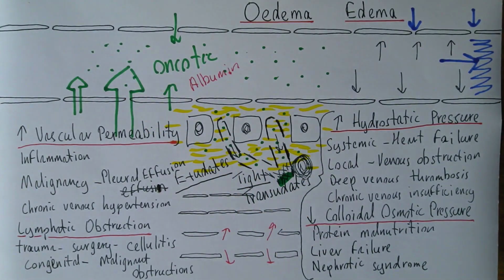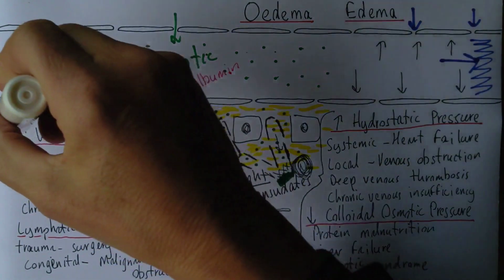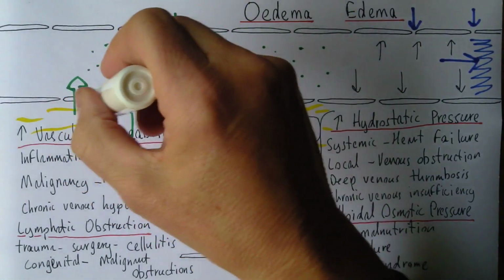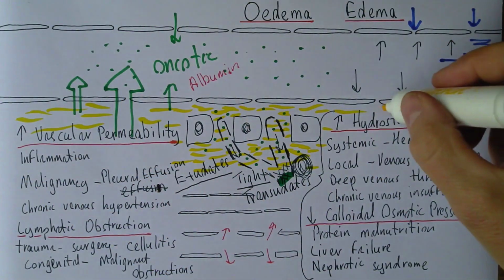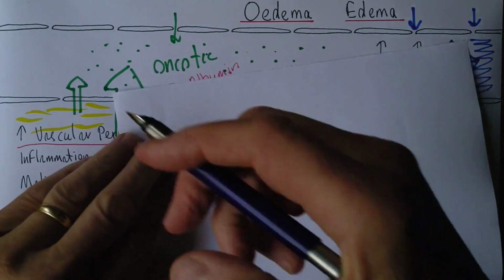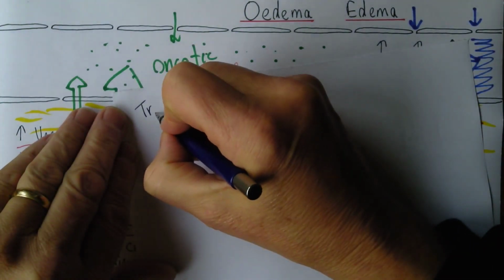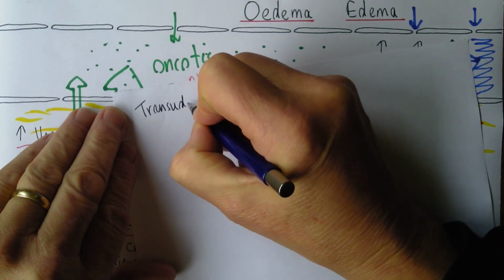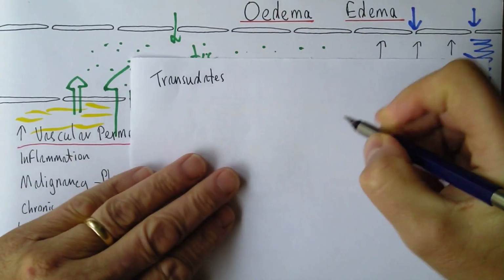They both cause increased amounts of tissue fluid to be retained in the interstitial spaces. But we notice that there's a difference between them. So, transudates and exudates.